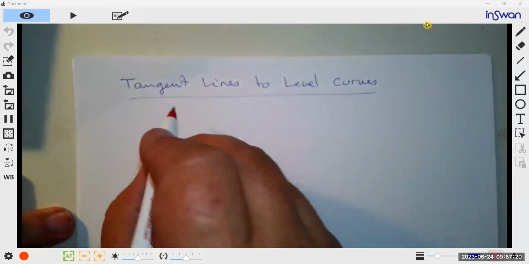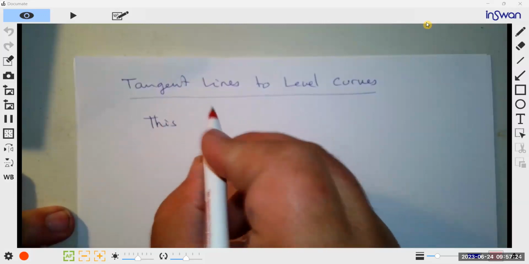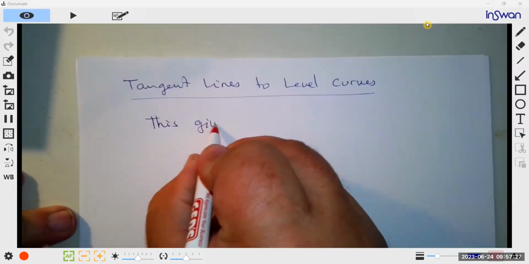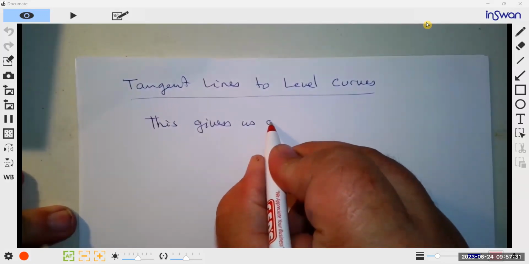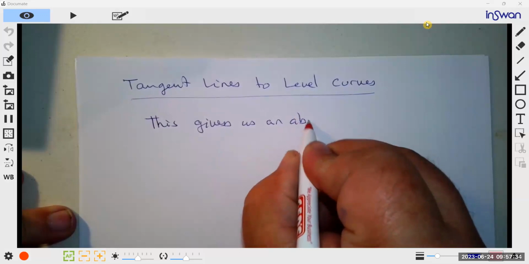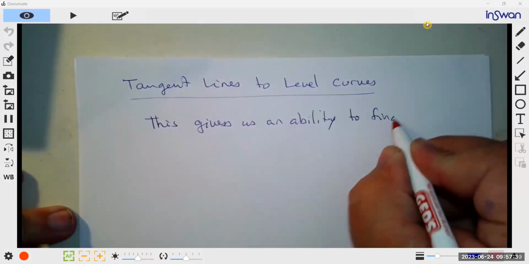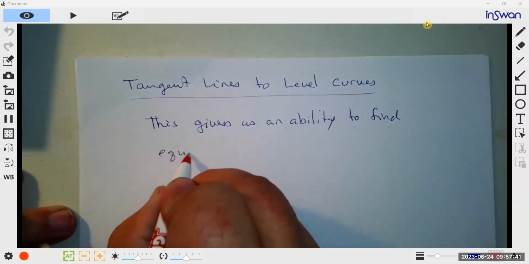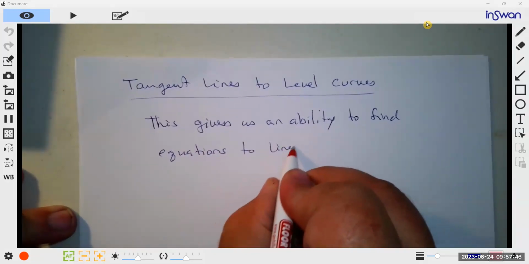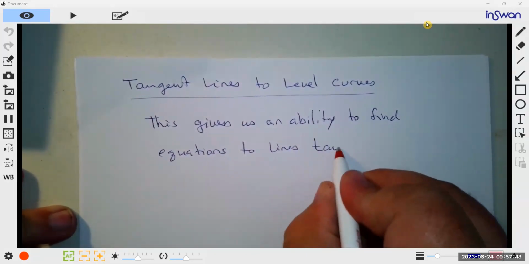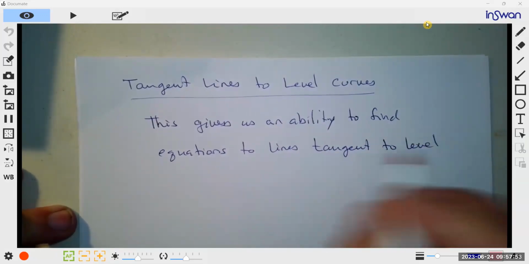So we have tangent lines to the curve. This gives us an ability to find equations to lines tangent to level curves.